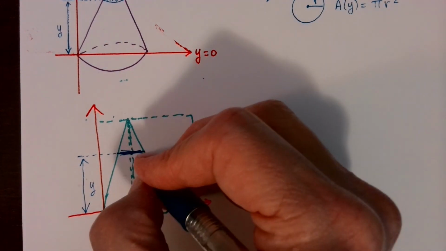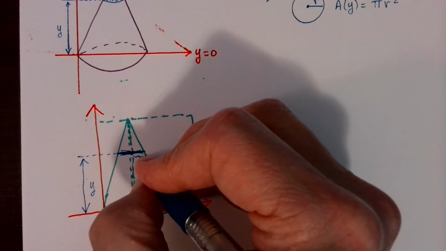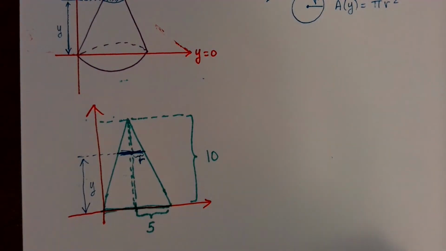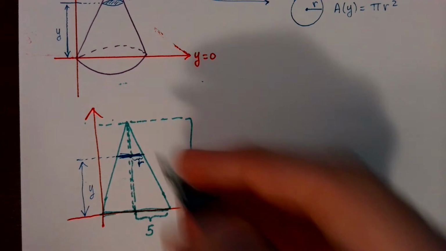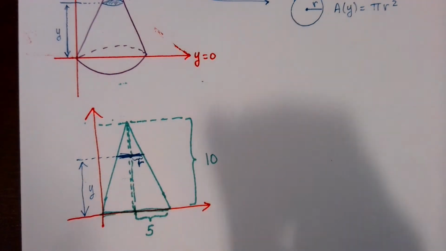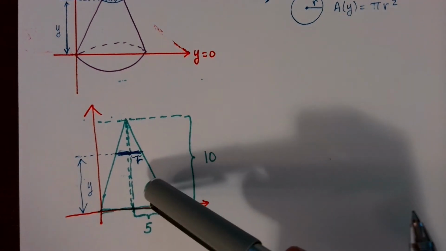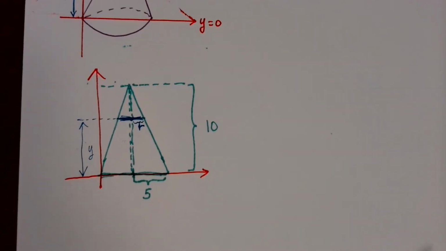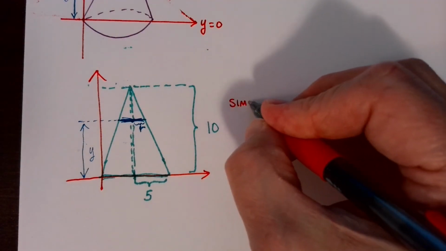What we're looking for is r. Notice that r is this length here. That little half length right there is the value of r. So, is there a way to relate r to y in this diagram? And the answer is yes, and that is by similar triangles.